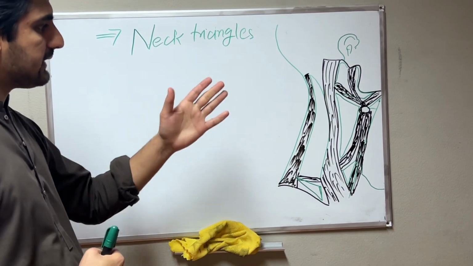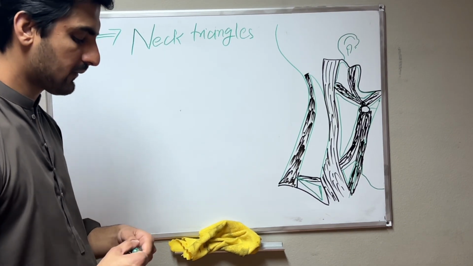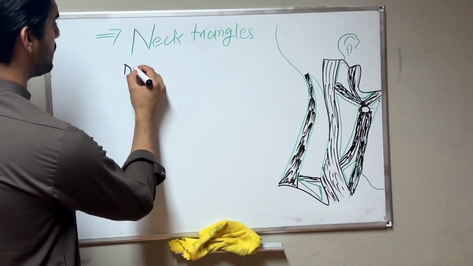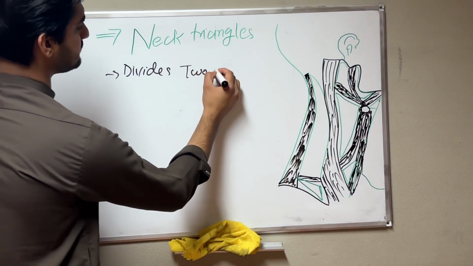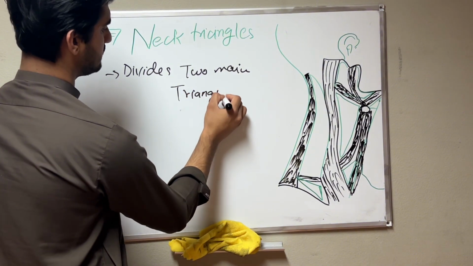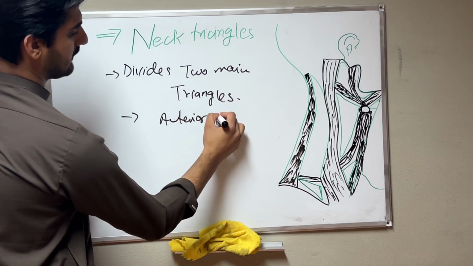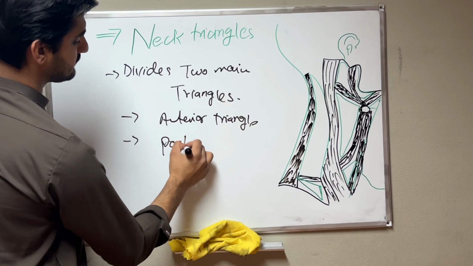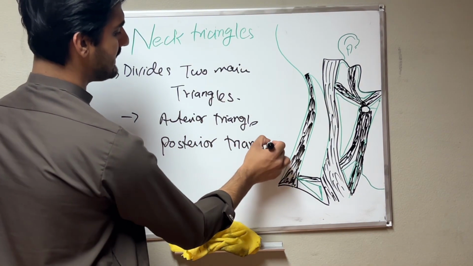We divide the triangles of the neck into two main triangles: the anterior triangle and the posterior triangle. Now I will show which side has the posterior triangle and where the anterior triangle is.